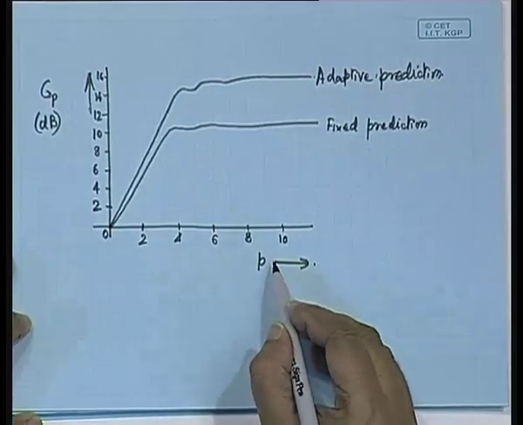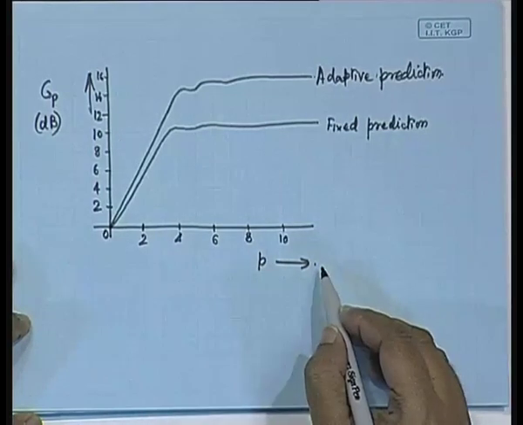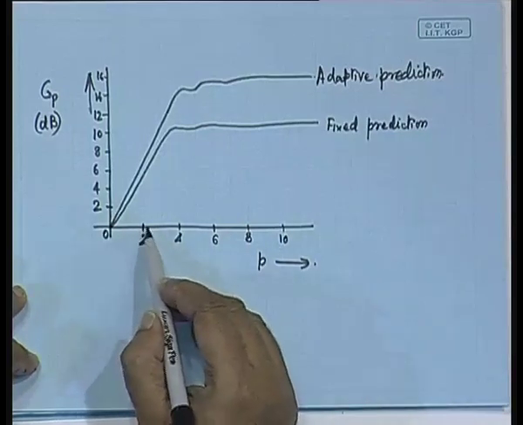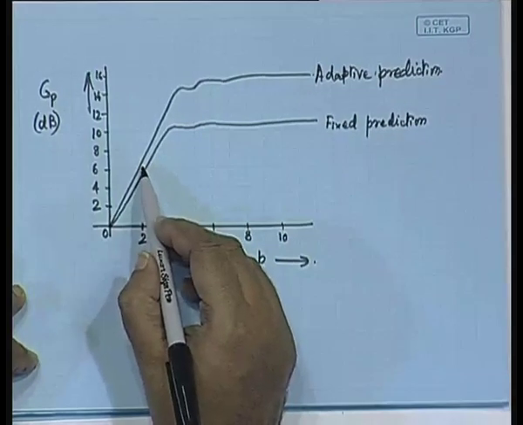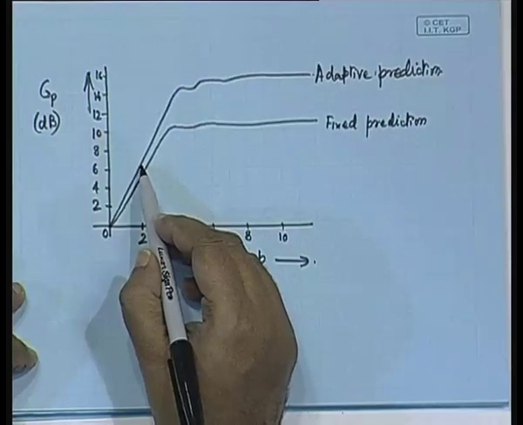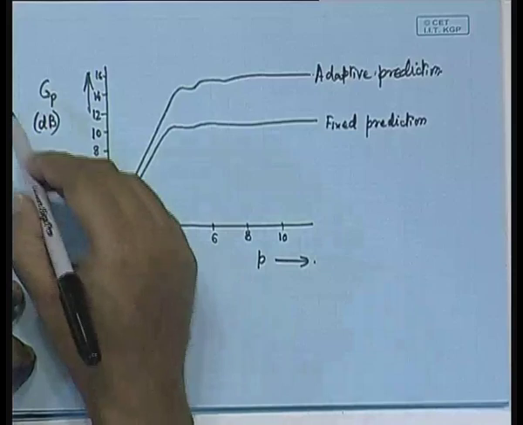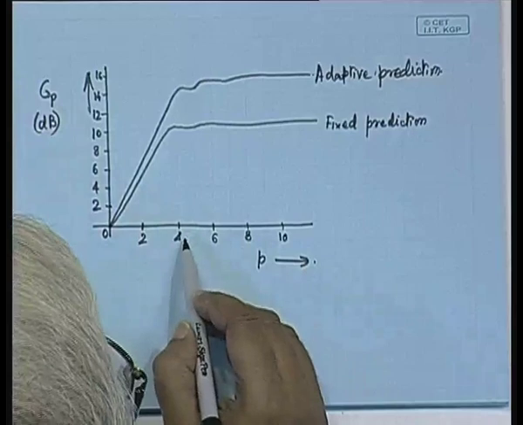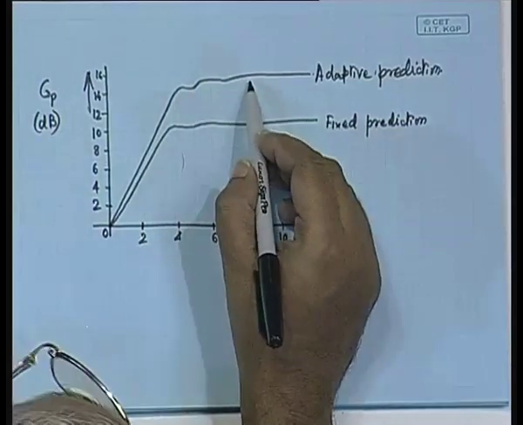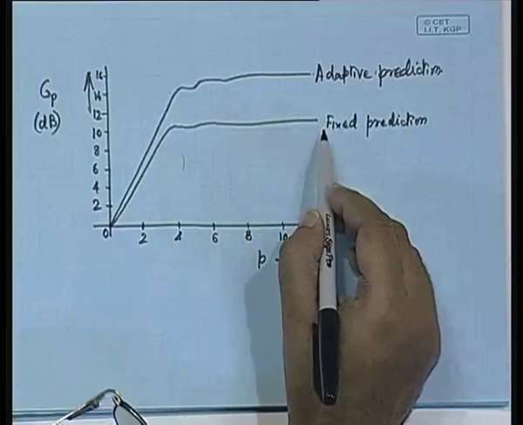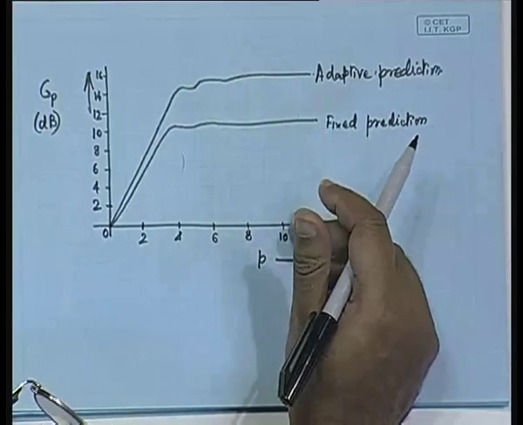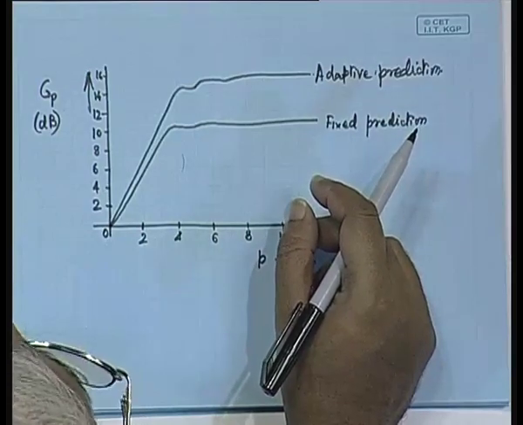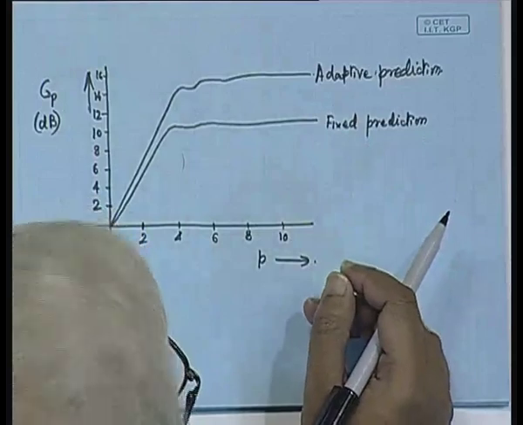First is that with the increase in the value of p, that is to say the order of the predictor, if we increase the order of the predictor to 2, definitely there is some improvement in the gain GP, but you see that beyond p equal to 4 there is hardly any improvement, maybe 0.5 dB or less than 1 dB, which will not make any perceptible difference.